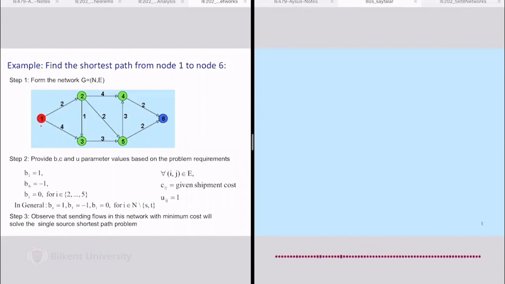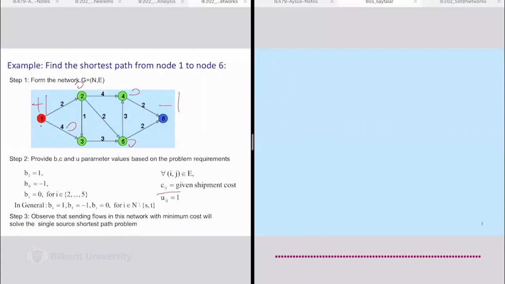So I will assign this node a +1 and this node a -1, and everybody else gets a 0. Oh, the example was 1 to 6, sorry. So it's usually source and sink, but here node 1 is sending 1 unit and node 6 is absorbing 1 unit. So the B's are fine.